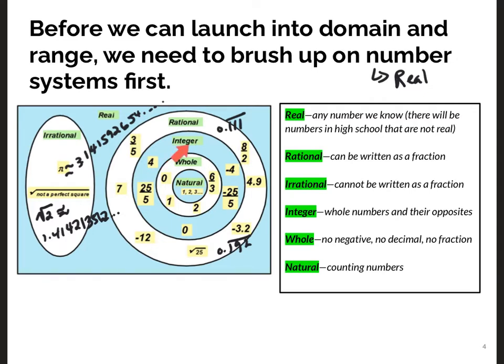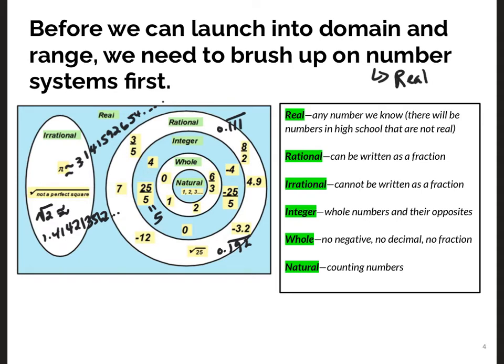Integers are any kind of whole number, any number without a decimal, including 0 and negative numbers. You might be wondering why 25 over 5 is included under integers. If you simplify it, 25 divided by 5 is 5. Because that can be written as a number without a decimal, it's an integer as well.